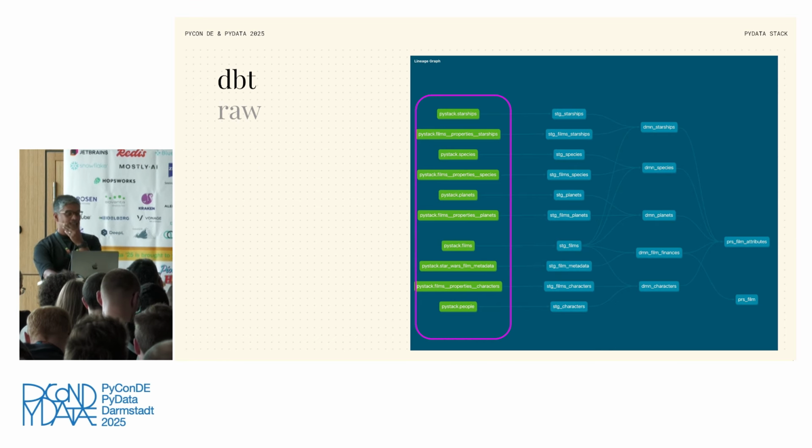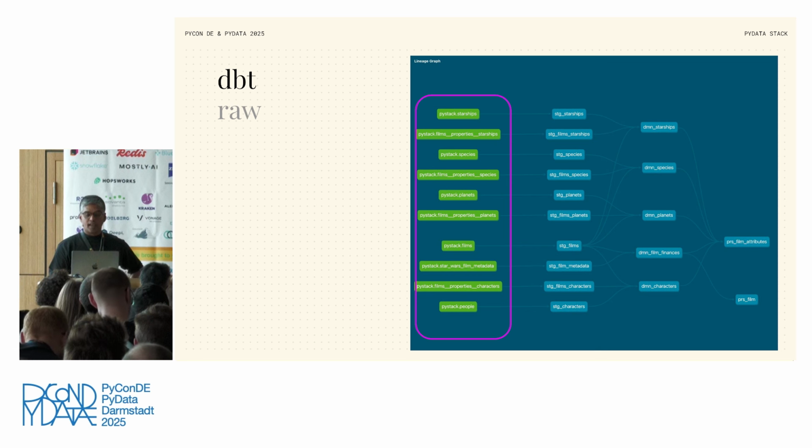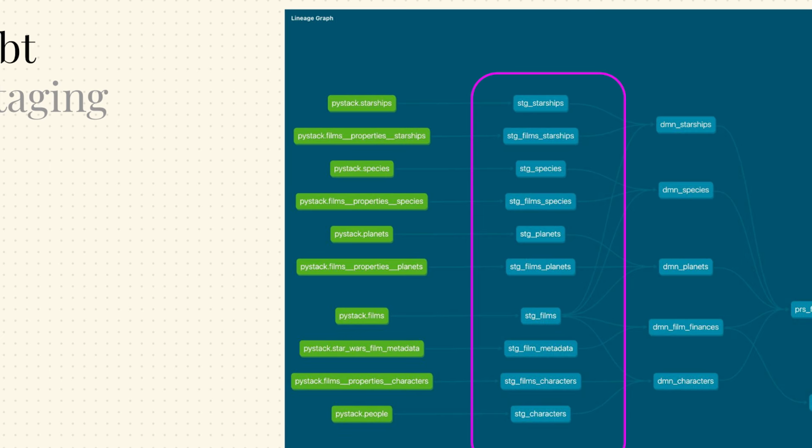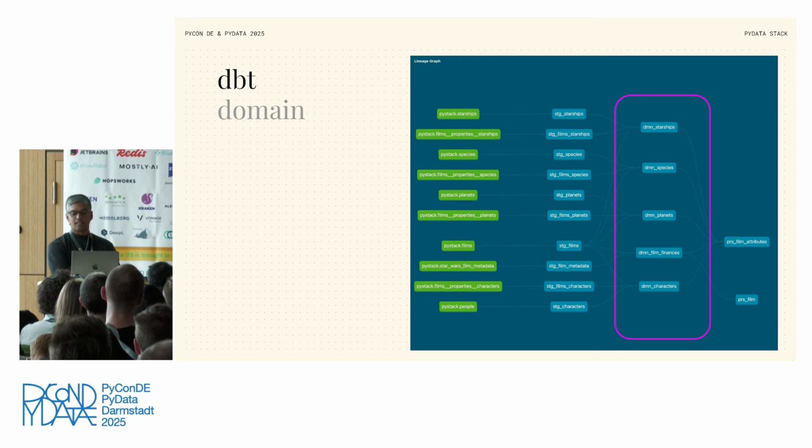This is the lineage graph that DBT provides as part of its DBT docs feature. And so here you can see that concept of raw, staging, domain, presentation mirrored in the actual lineage. So here we've got the raw data that is brought in by DLT, staging tables, domain, and of course the domain has the key entities in Star Wars canon.